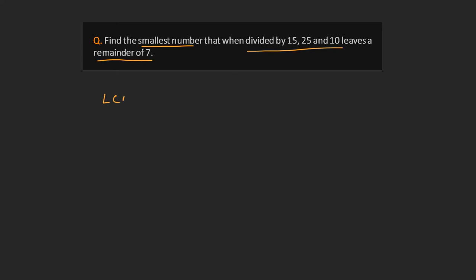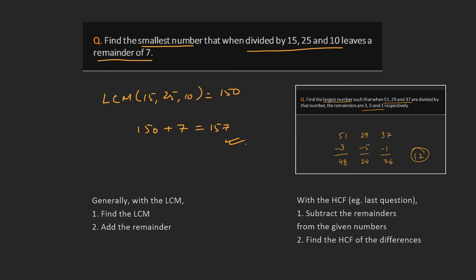The LCM of 15, 25 and 10 would be 150. Now, being their LCM, 150 is divisible by all these numbers, and so there would be no remainders. In order to have the desired remainder, we must add it. So, 150 plus 7. 157. Answer. The thing to note is the difference in how we handle the remainder when working with the LCM versus when we have the HCF. Next question.